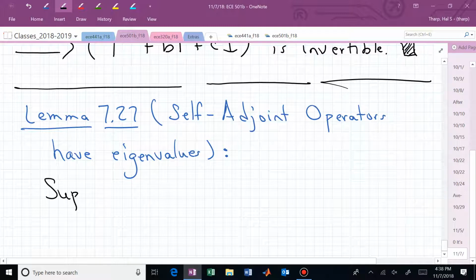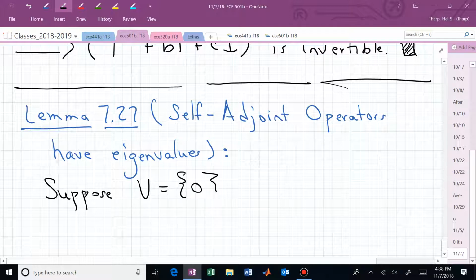Here, this lemma says suppose that, again, let's not allow our vector space to be trivial.